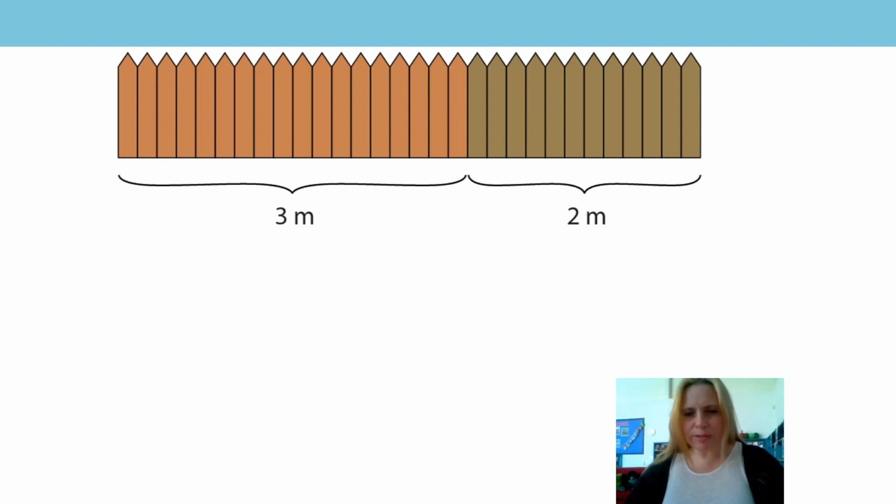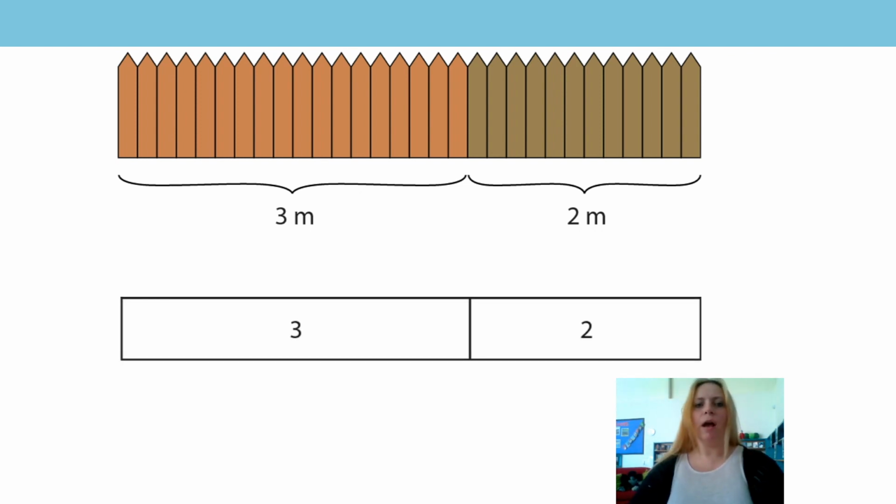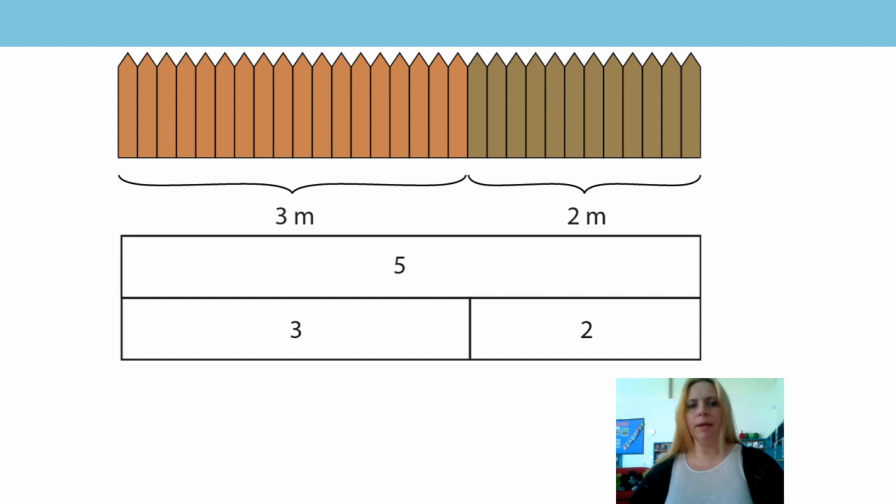I'm going to use a bar model again. Do you like my bar models? I've got my 3 meters and my 2 meters. Yes, my sum has remained the same, and that's because I've used the same addends. I've just changed the order they were in.